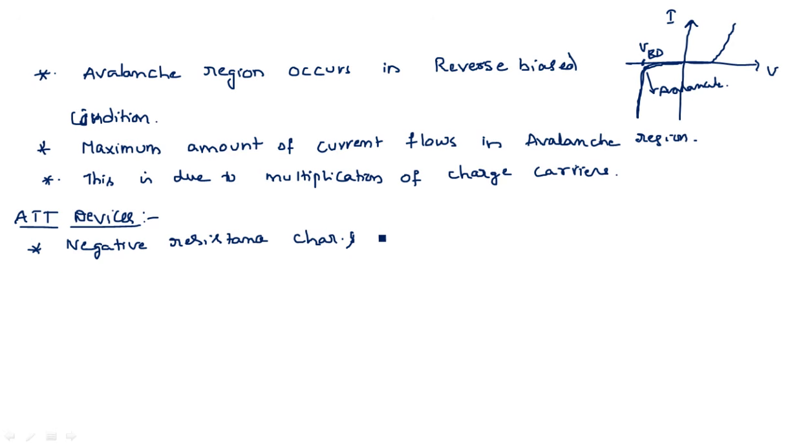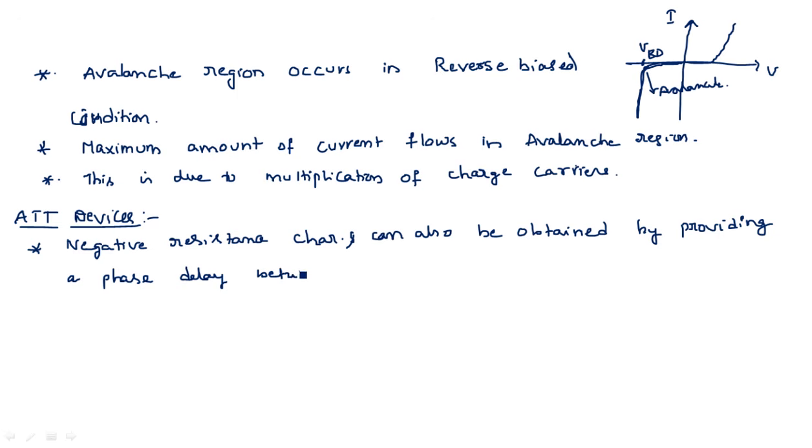Negative resistance characteristics can also be obtained by providing a phase delay between voltage and current.